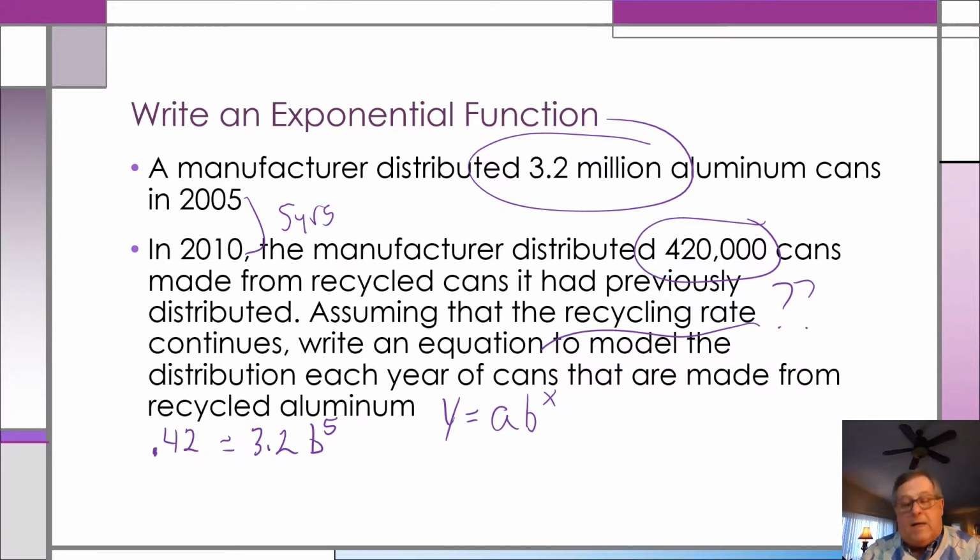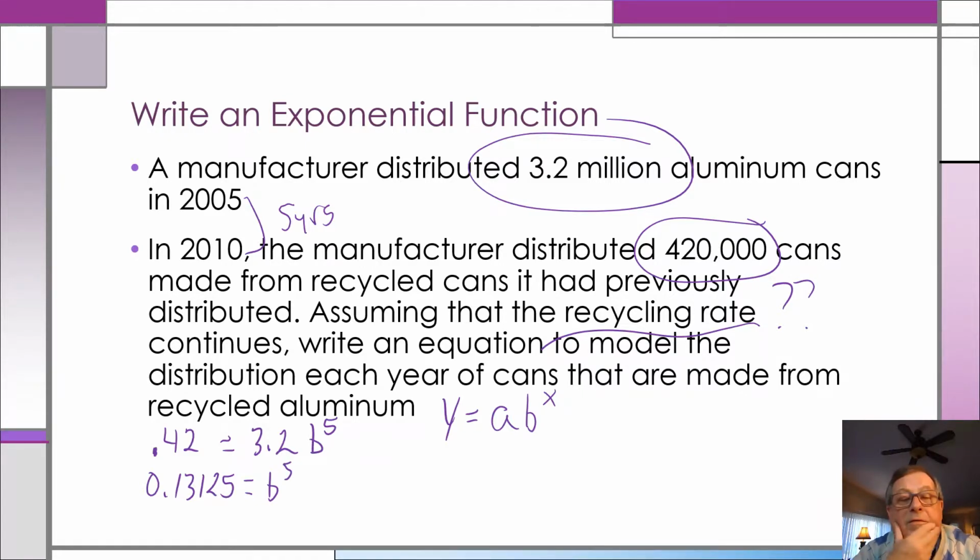Well, let's see. We can take 0.42 and divide it by 3.2, and that comes to 0.13125 equals b to the fifth power.